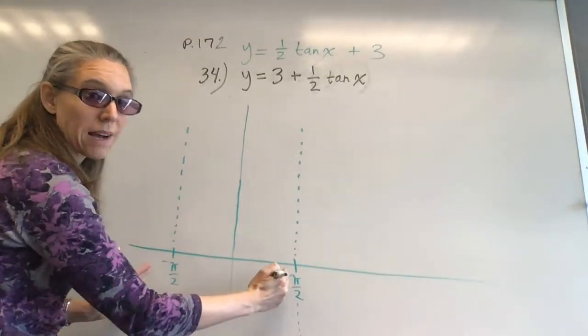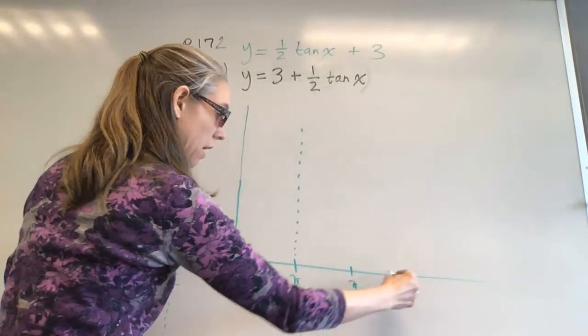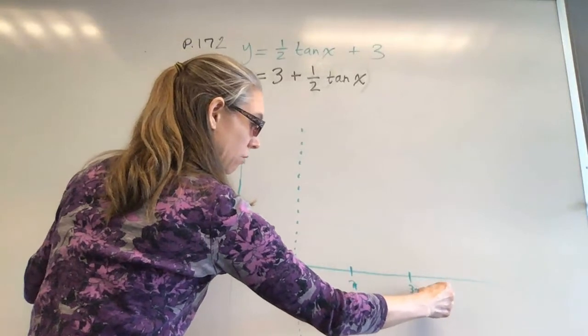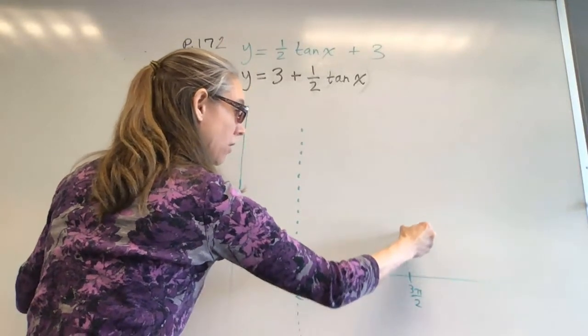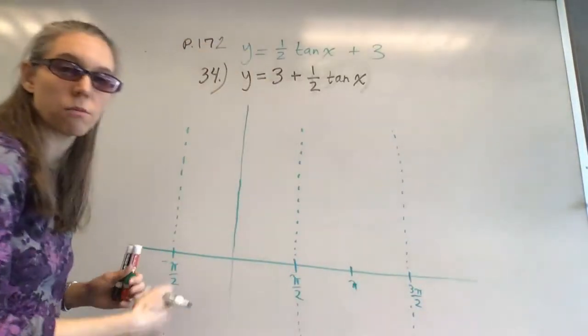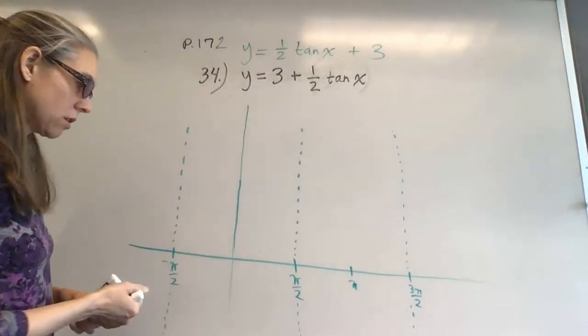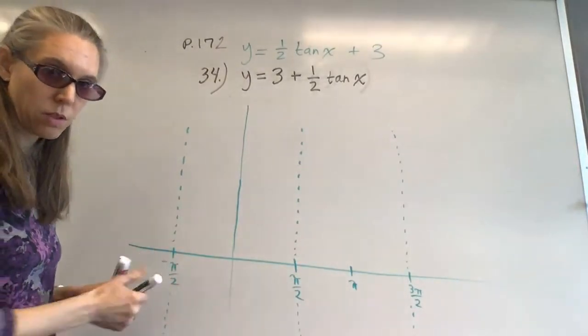That's a period of pi. Then we come again over here to pi and then to 3 pi halves, and now we have another copy of the graph. So pay attention to the number of periods required in the directions. For quarter cycles, a quarter of a pi is 1/4 pi.